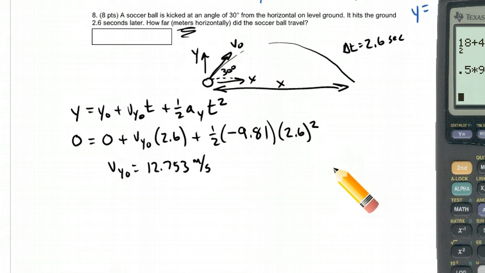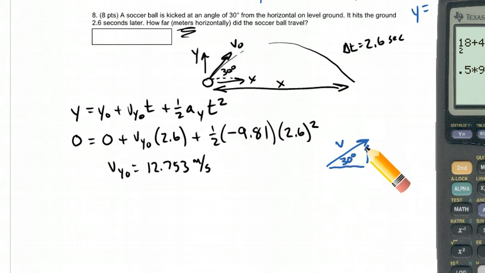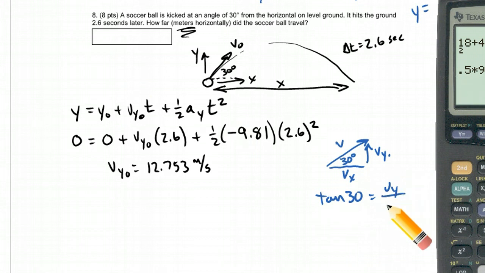I can work a couple different ways from that, but I know that this velocity vector is at 30 degrees, and it's made up of components vy and vx. I can work with this triangle directly and say that tangent of 30 is equal to vy over vx.